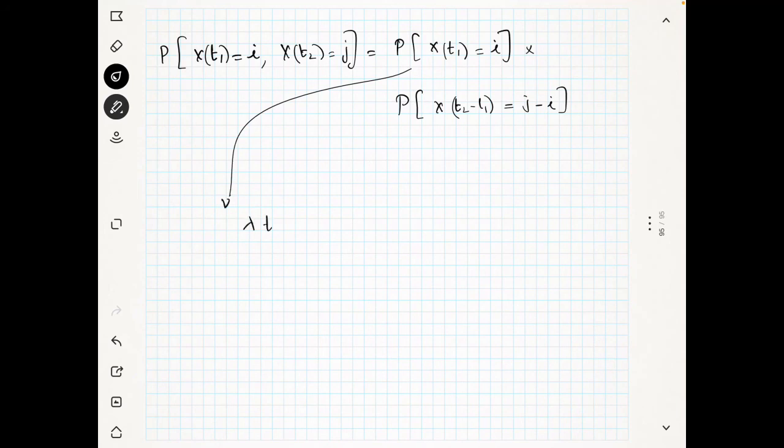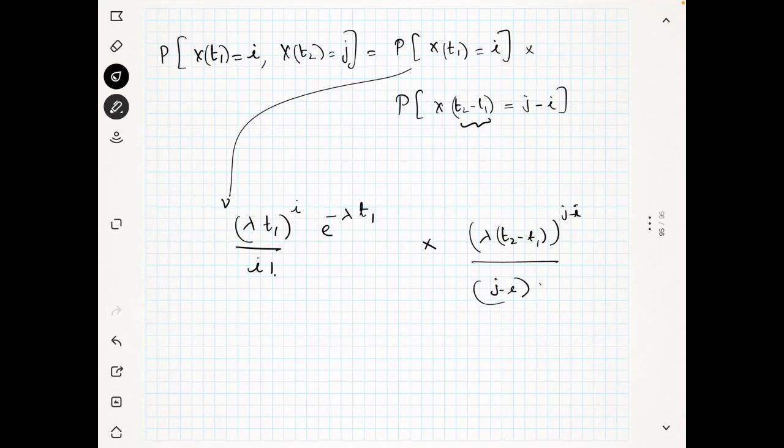This is nothing but (lambda t1) divided by i factorial, raised to i, into e power minus lambda t1, multiplied with, instead of t we have t2 minus t1, so (lambda into t2 minus t1) whole raised to j minus i arrivals divided by j minus i factorial into e power minus lambda into t2 minus t1. So that's it. This is how we can find the probability.